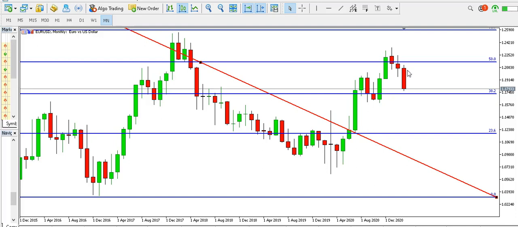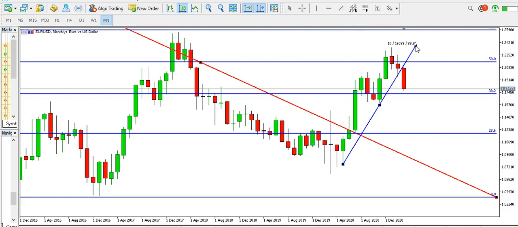So anything can still happen, but with the look of the monthly chart, this is a bearish candle, and this tells us that price will most likely continue to be bearish by next month, because obviously the trend line has been broken right from the start of the month.